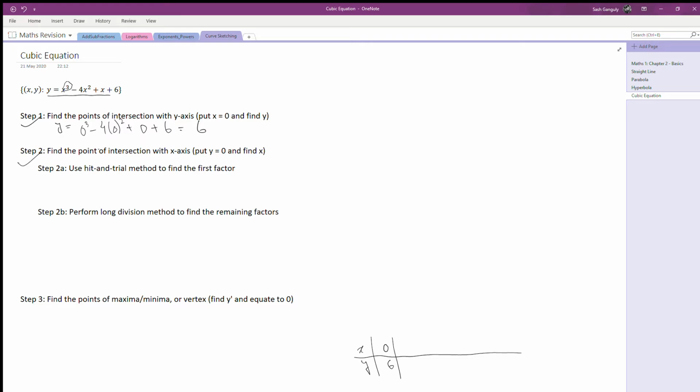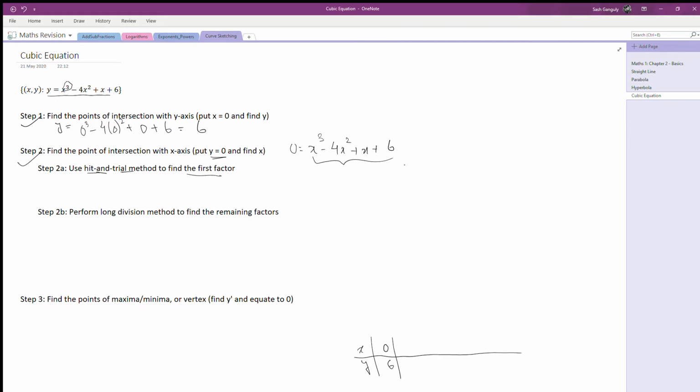For the next one, we need to find what is x when y is equal to 0. So in that case, we will have 0 equal to x cube minus 4x squared plus x plus 6. Now we no longer have a quadratic. How do we solve this? We use something called the hit and trial method to find the first factor.